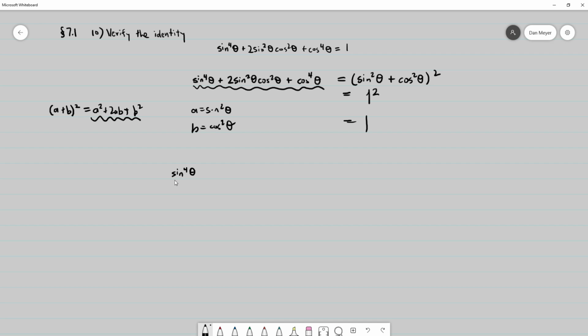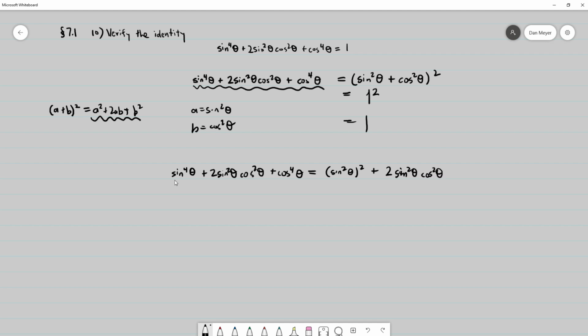Sine to the 4th theta plus 2 sine squared theta cosine squared theta plus cosine to the 4th theta. Well, I can call the first term sine squared theta squared. The middle term I'm not going to do much with.